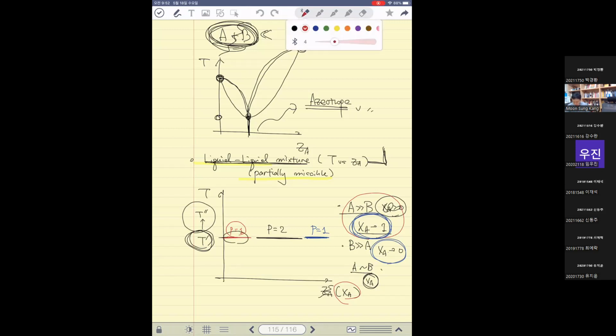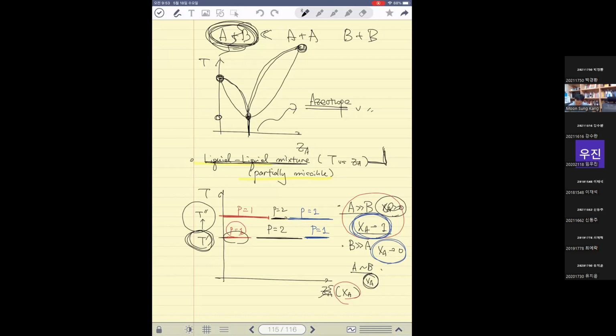So at T double prime temperature, up to this composition, you can have a single phase. And up to this composition, you can have a single phase. And only between these compositions, you have two phases, or they are immiscible, right?